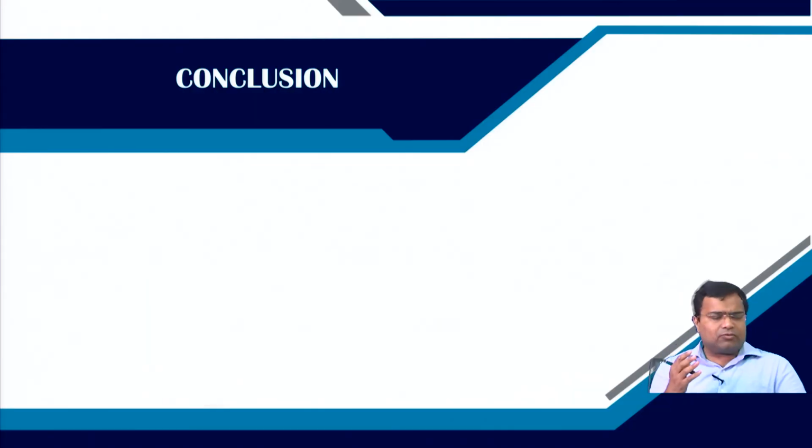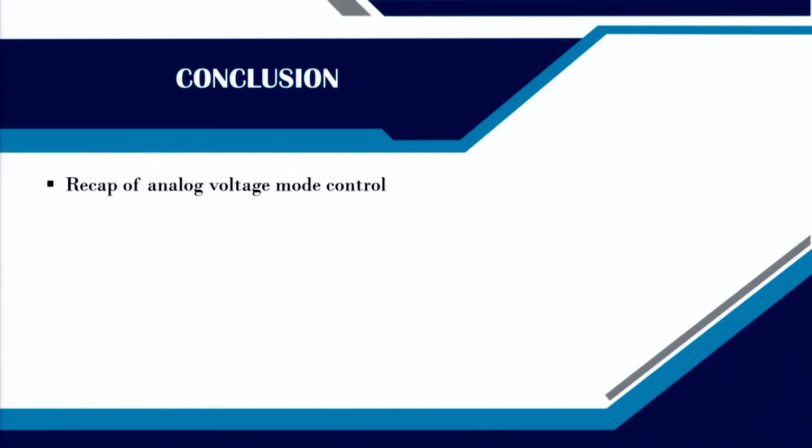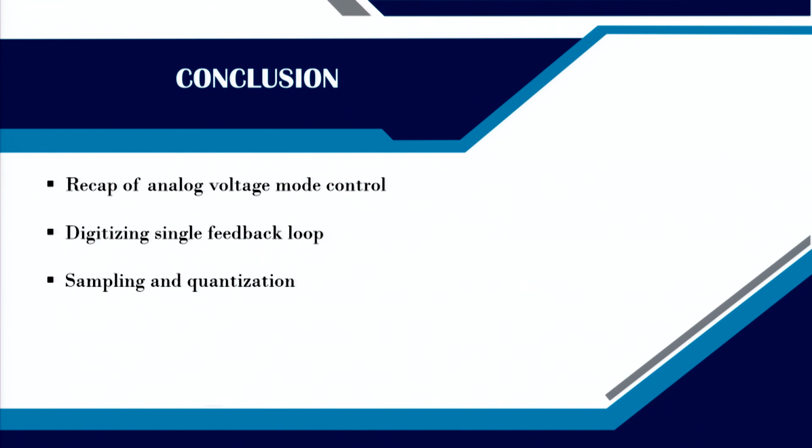So, in summary, we have recapitulated analog voltage mode control. Then we have discussed how to digitize the single feedback loop. Okay, then the ADC, DAC, sampling rate, quantization, some basic idea of how to digitize the single feedback loop. Then we have considered sampling and quantization, but only the basics, we will discuss in detail.